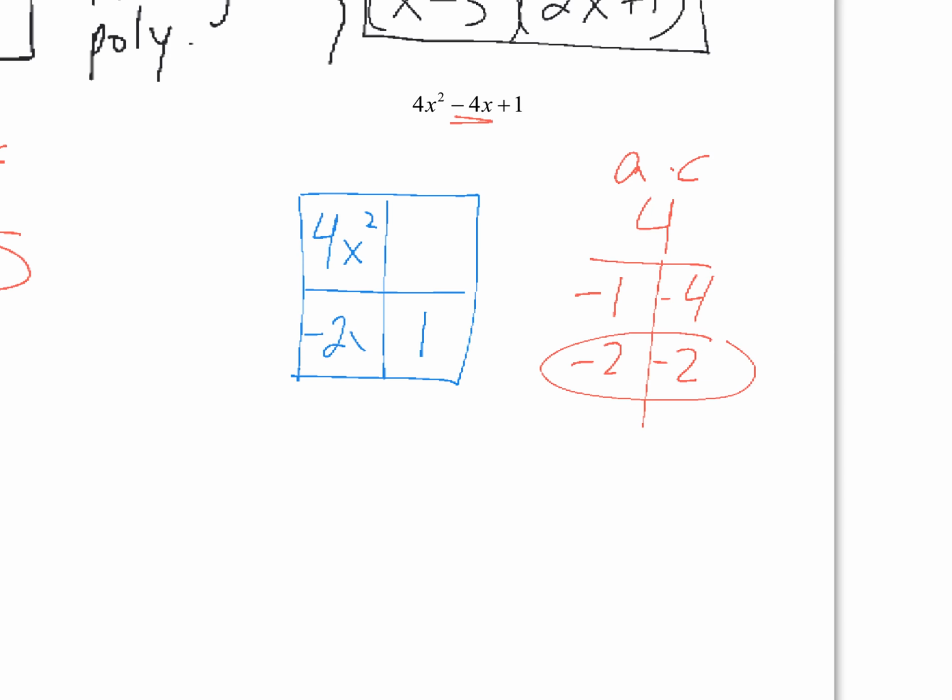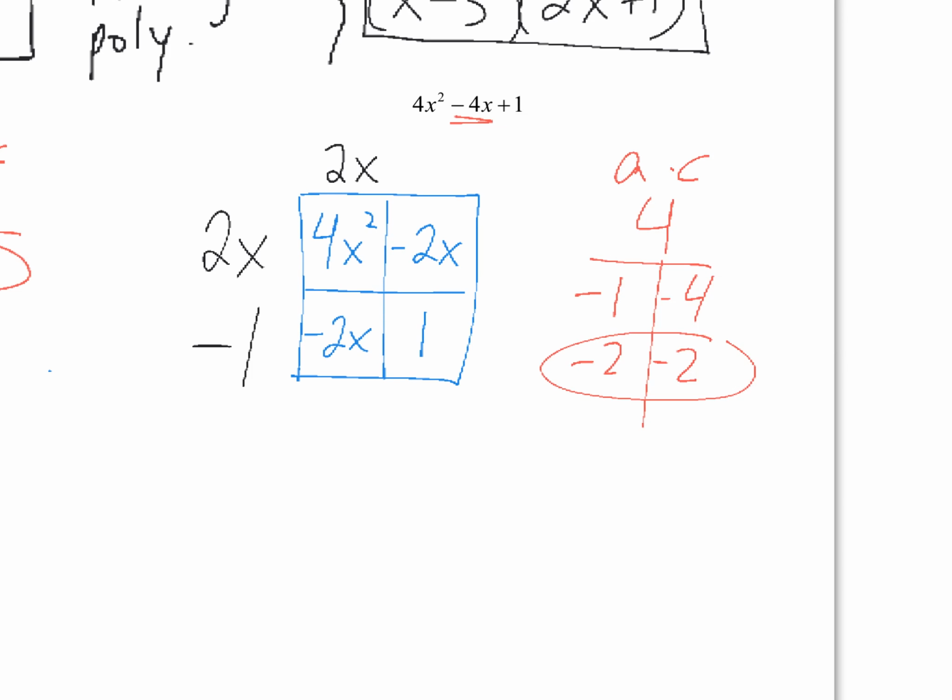So I'm going to split up negative 4x into that negative 2x and negative 2x. Do my GCF. I have 2x. On this one, remember, if the first term's negative, we want to factor that out. So negative 1. Here, 2x.